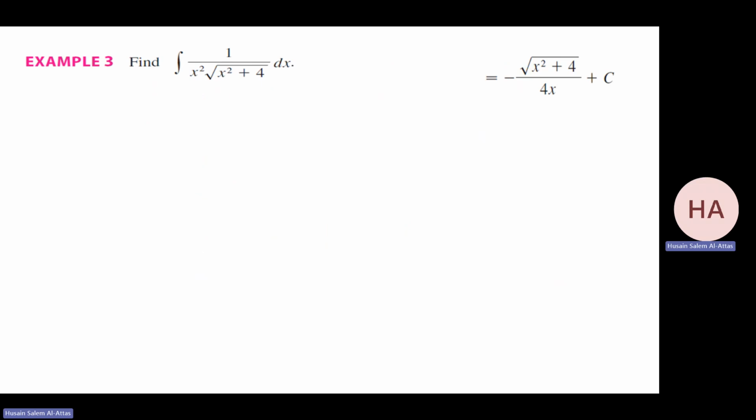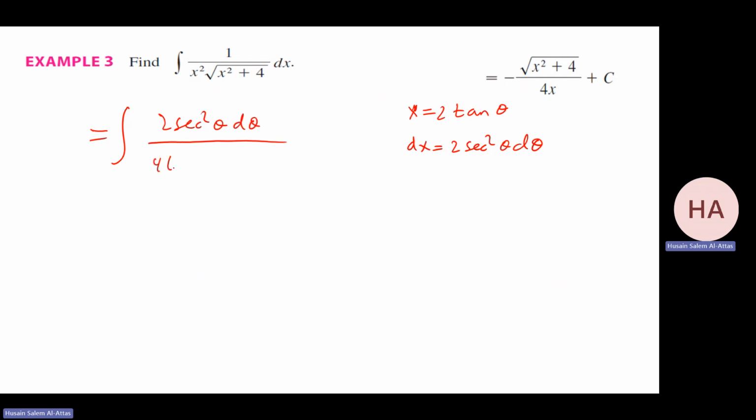Okay, now we'll do the substitution. Very clear. We'll have x equal to 2 tan theta. Let's see what will happen. The dx will be 2 secant square theta d theta. Plug everything in. x square is 4 tan square theta.